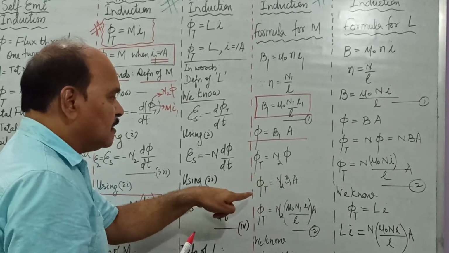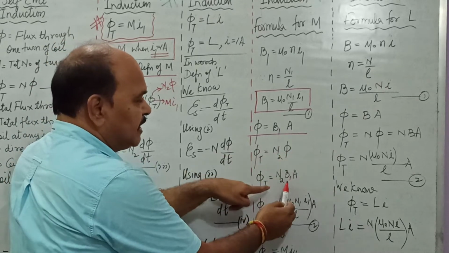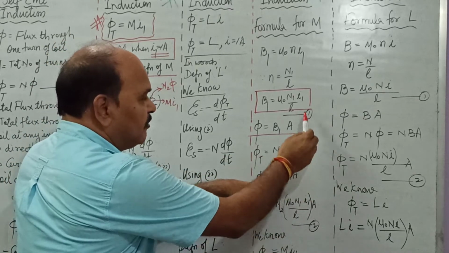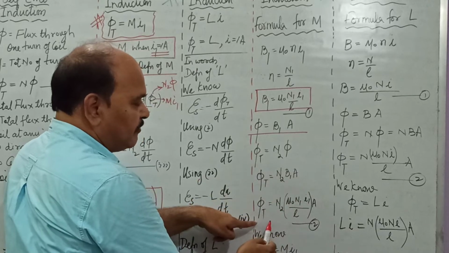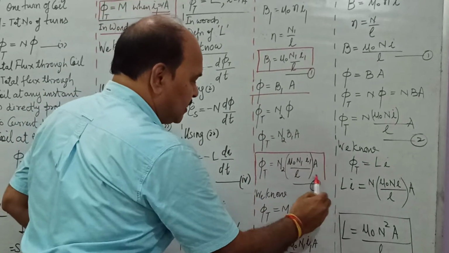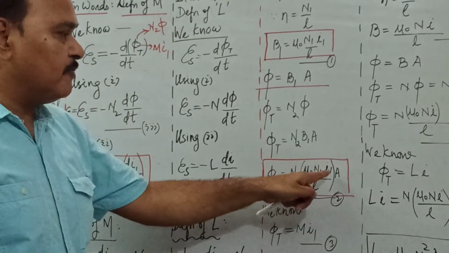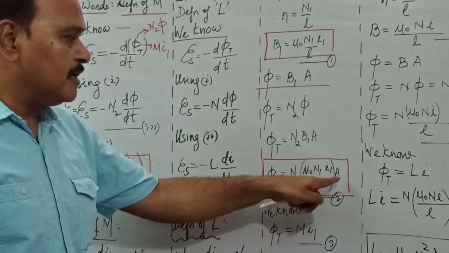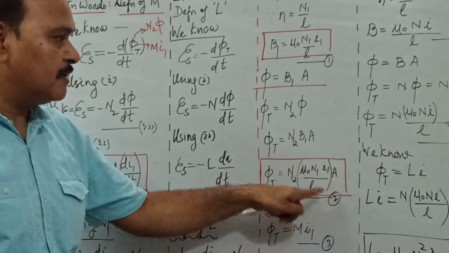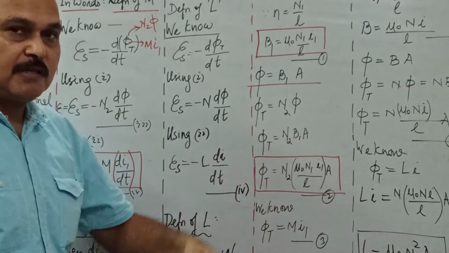Well, what is this phi? This phi is B1 A. So for phi we write B1 A and we substitute the value of B1 here. What do we get? Total flux comes out to be N2 mu naught N1 I1 upon L into A. This is B1, this is N2 and this is A. A is the cross-sectional area of the secondary coil.